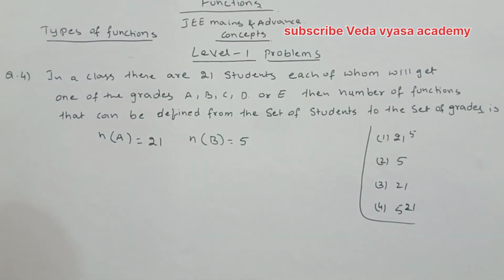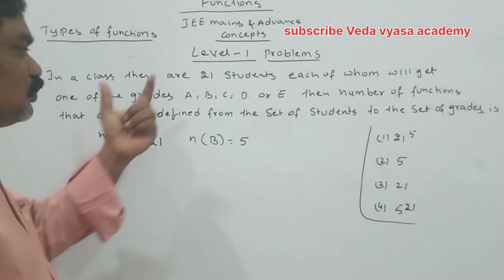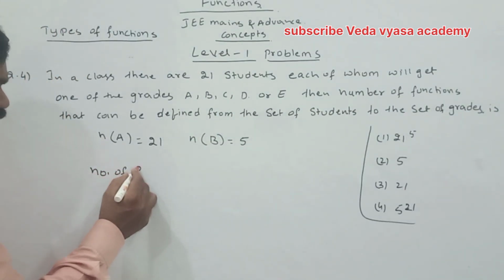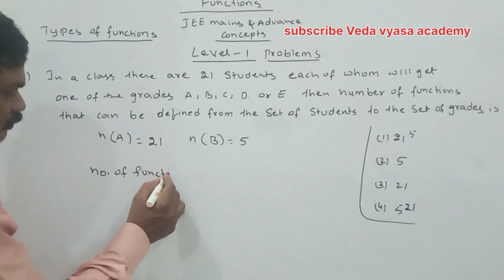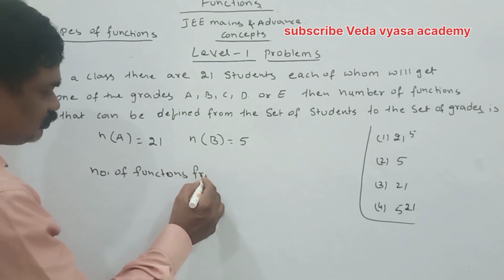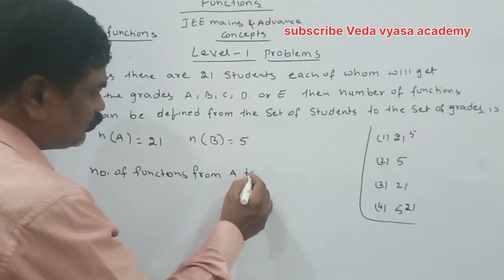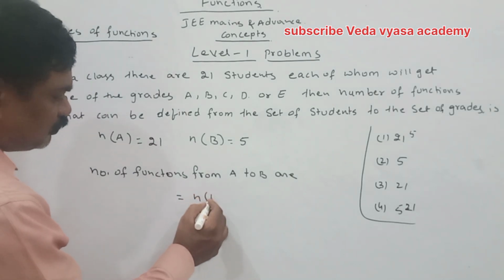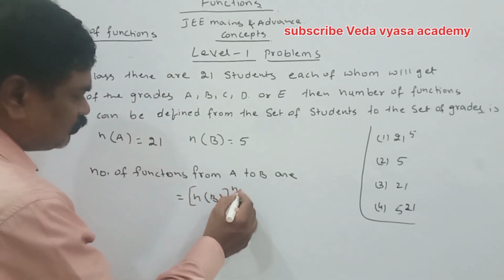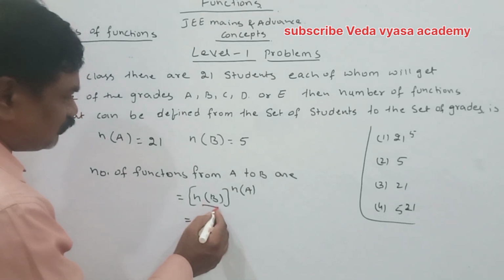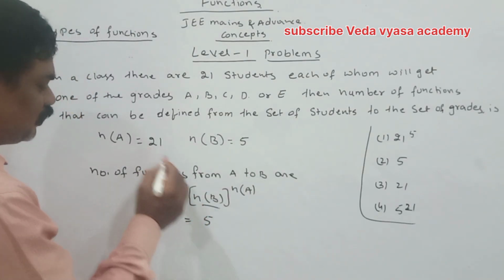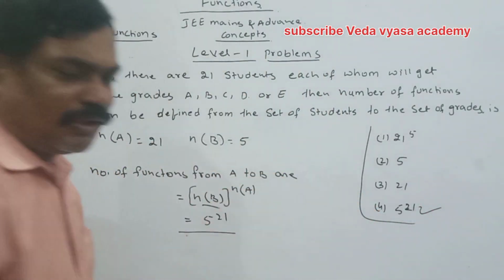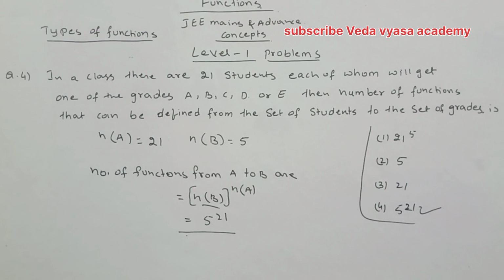Then the number of functions from students to grades is number of B power number of A, which is 5 power 21. So option 4 is the answer, 5 power 21.